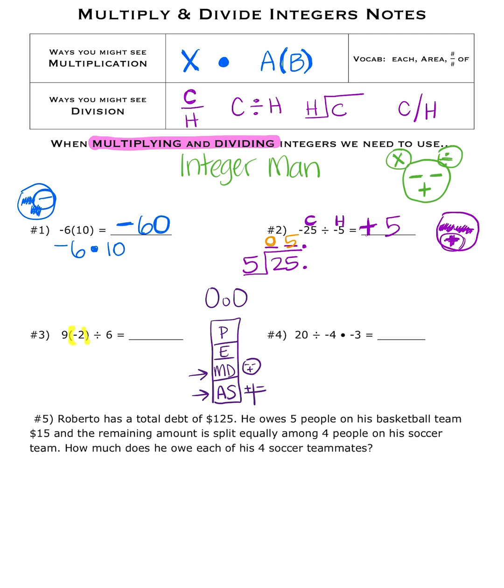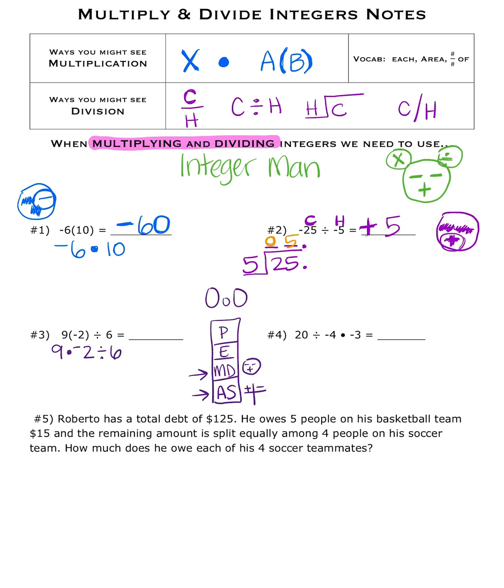So first thing I'm gonna ask myself, is this a parentheses up here, or is this a multiplying parentheses? So in this case, I look and I say, what's in front of the parentheses? A 9. So that's actually just a multiplying parentheses. So I'm gonna rewrite this as 9 times -2 divided by 6, okay?